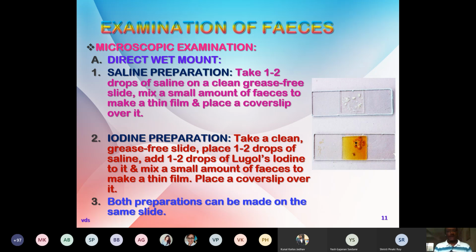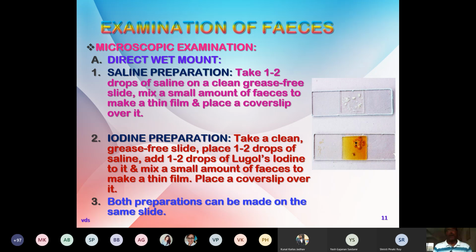Simple technique. Take 1 to 2 drops of saline on a clean grease-free slide. Mix a small amount of feces to make a thin film. You can see the first diagram on the top. Place a cover slip over it. I think this is not a very difficult task. This makes the saline preparation complete.